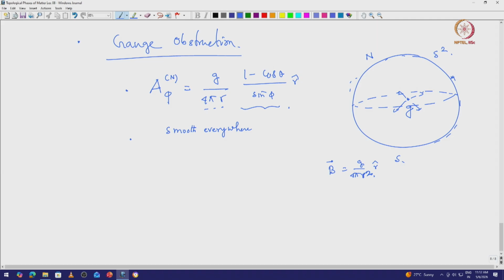This is smooth everywhere, including at the north pole, which is what I am defining as theta equal to 0, but not at the south pole, which is at theta equal to pi, where it diverges.